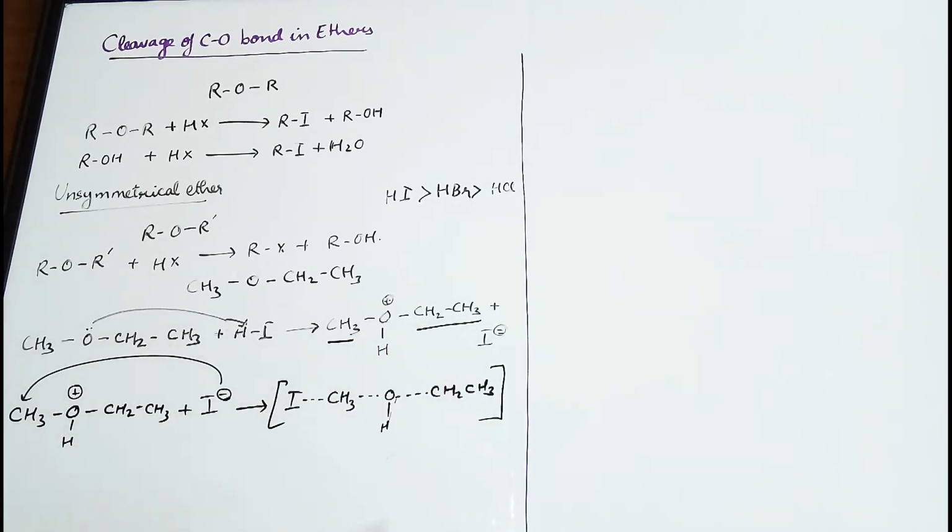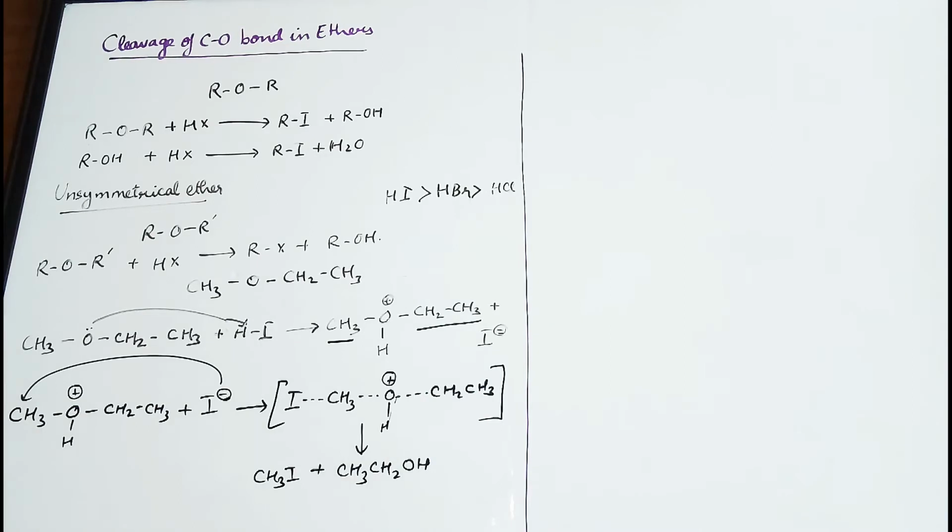So we have the formation of an alcohol, CH3CH2OH, and CH3I. So we are getting a CH3I alkyl halide plus an ethanol.